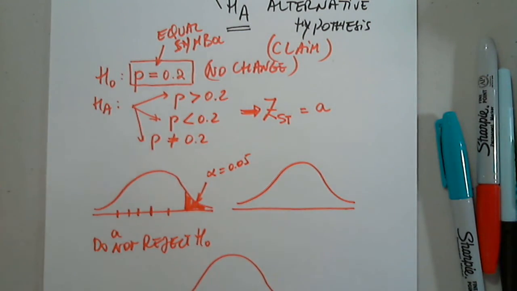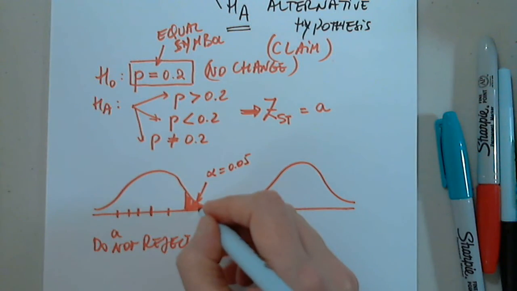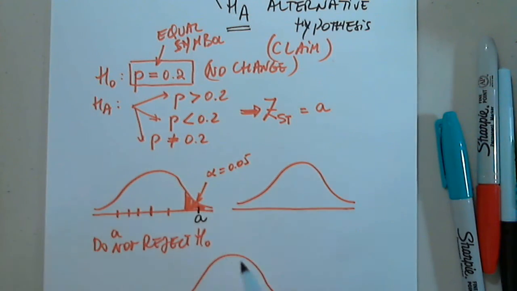But what if this little a is here? In other words, this little piece, this area to the right, because we are talking about the right tail test, this area to the right is smaller than alpha.